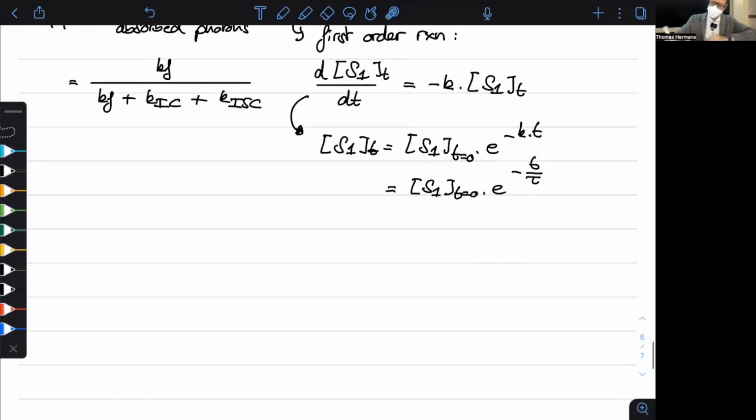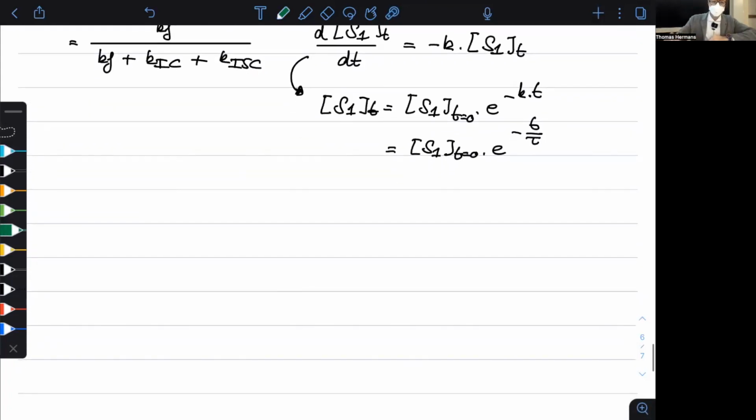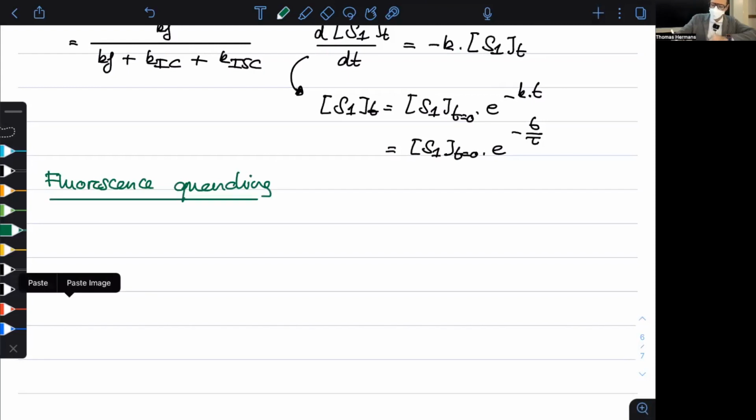Okay. Last thing we're going to talk about is fluorescence quenching. There are molecules or processes that actually destroy fluorescence.